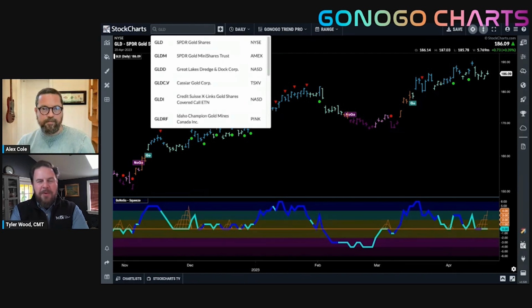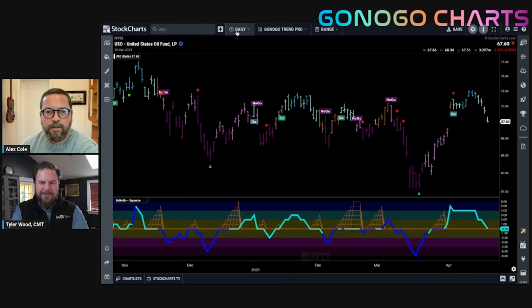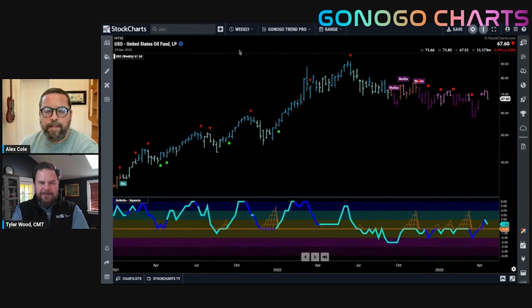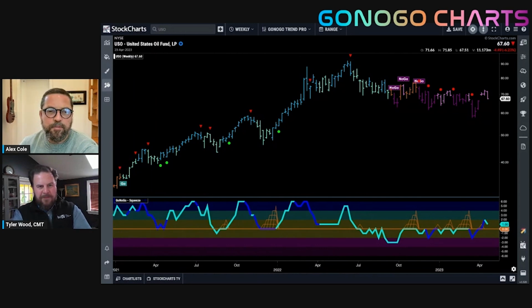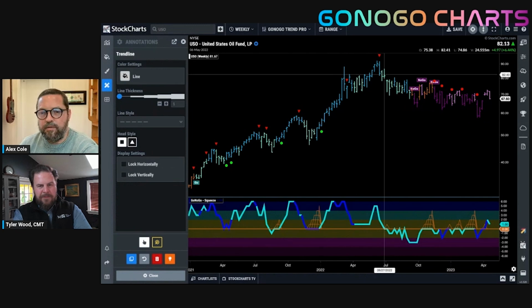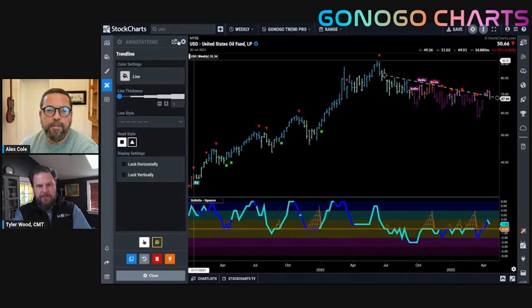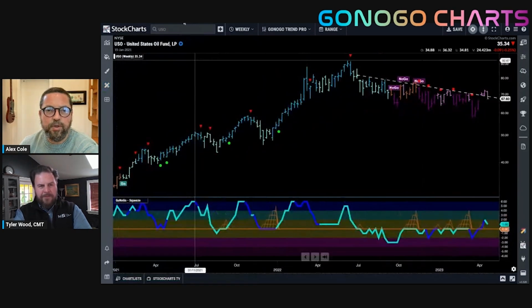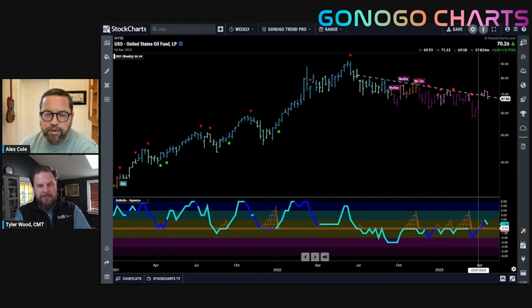Let's take a look at U.S. oil. Wow. I'm going to pull this up on a weekly chart. This is the chart that we've been following, Tyler, and this is where we want to make the point that even though we look at the whole picture, trend identification remains the most important skill, because we saw this break in the oscillator, break above the zero line, very, very important.